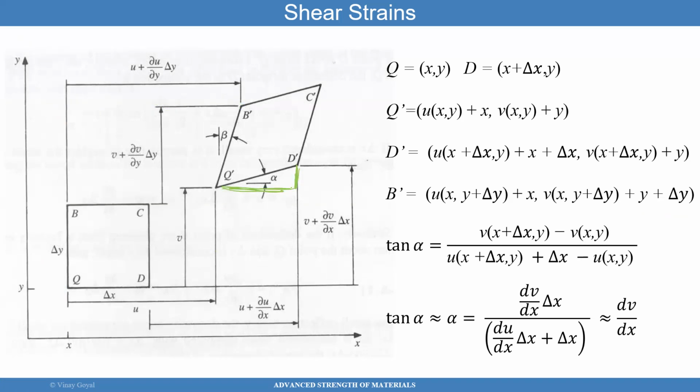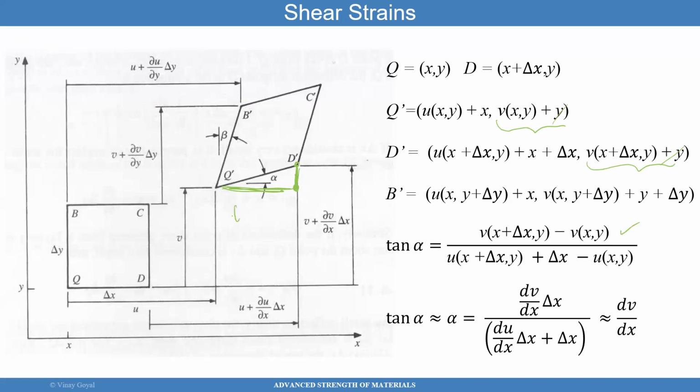The way you calculate that, you subtract the y coordinates of D prime and Q prime. You can see that y cancels out when I subtract, and I get exactly what you see here in the denominator.